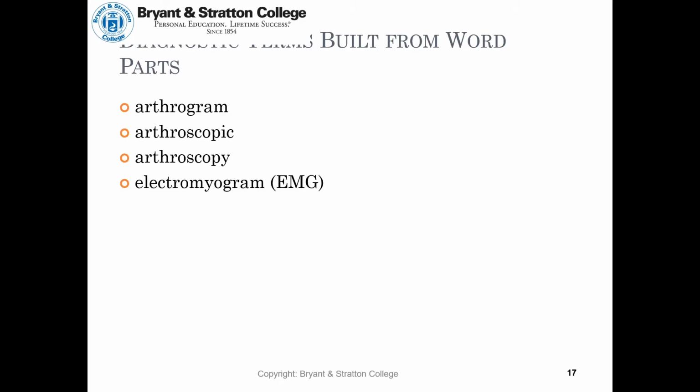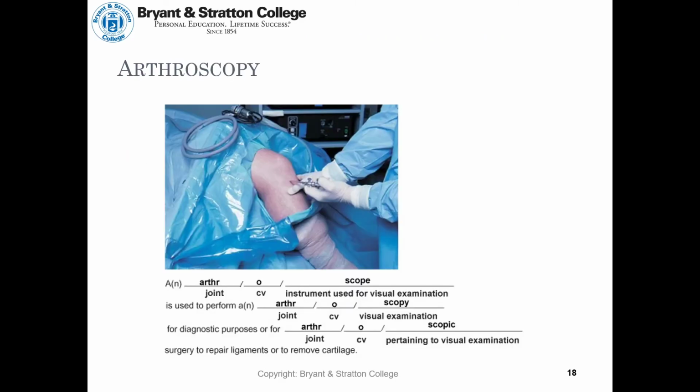So here you're going to see more terms based around procedures, an arthrogram. Arthroscopic basically means you're putting a scope into the joint. Arthroscopy is pretty much the same thing again. And then we have an EMG or electromyogram, which we actually talk more about in the musculature presentation. So an arthroscope is an instrument used for examination of a joint.